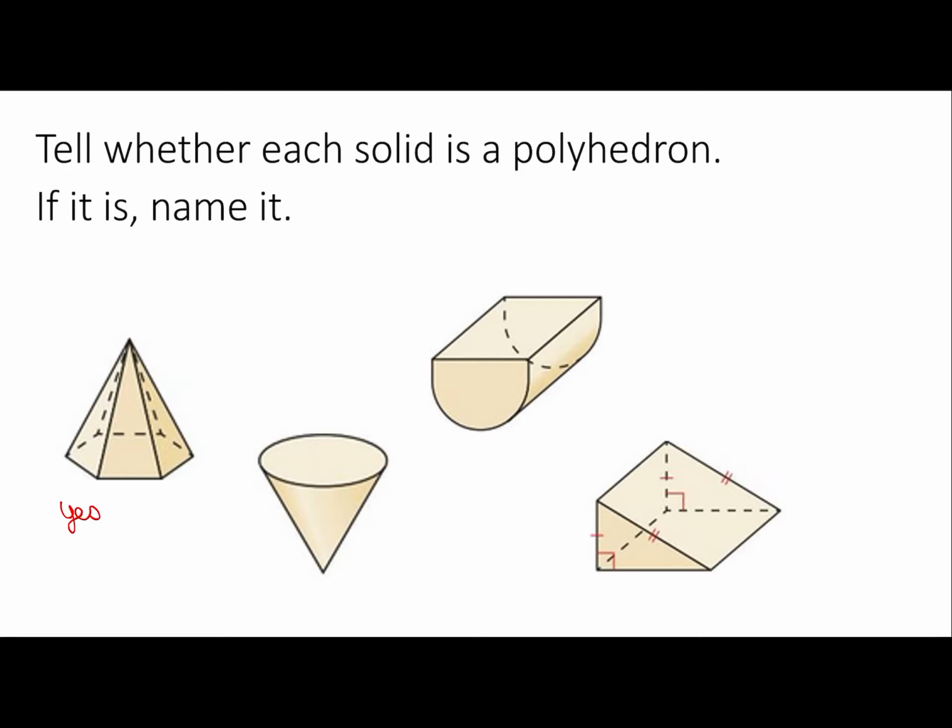In other words, is the height of this figure perpendicular to its base? If that's true, you say yes, it's a right polyhedron. And it's not slanted, so it's not called oblique. We also need to figure out what its base is. So we count the sides, 1, 2, 3, 4, 5, 6 sides. So it's a right hexagonal.